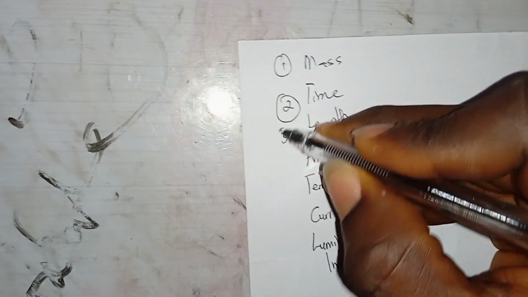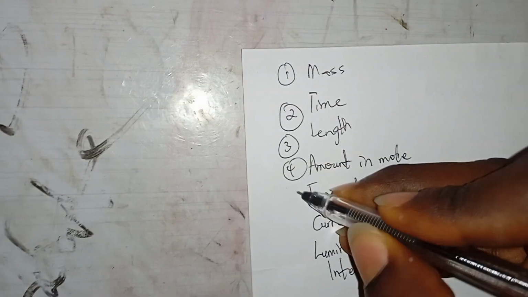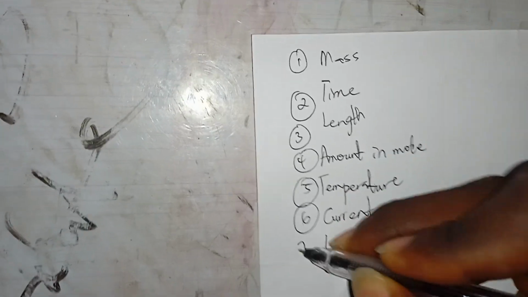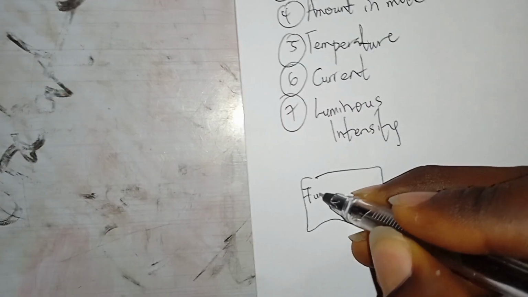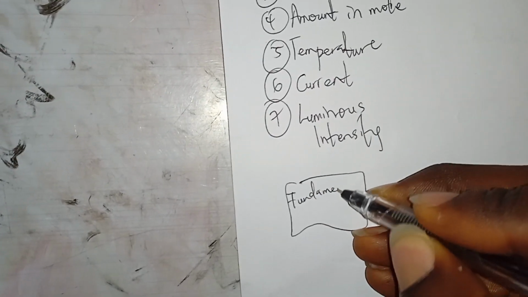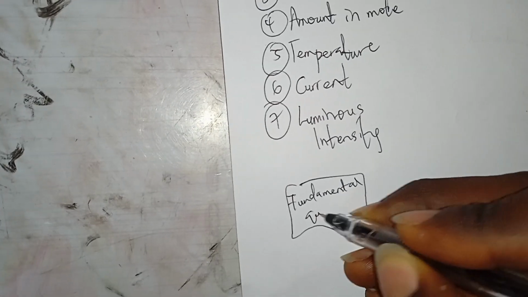So 1, 2, 3, 4, 5, 6, 7. These are the fundamental quantities.